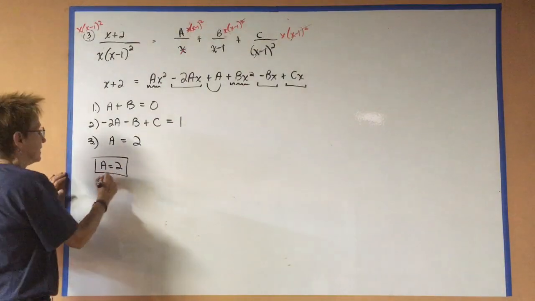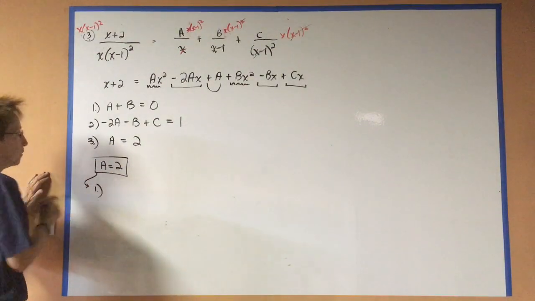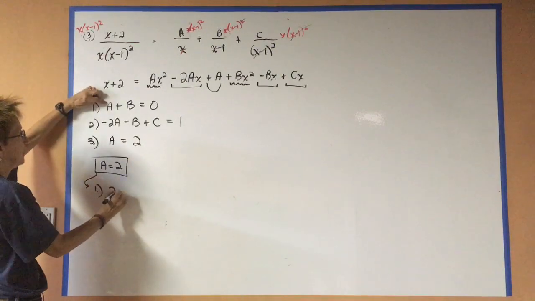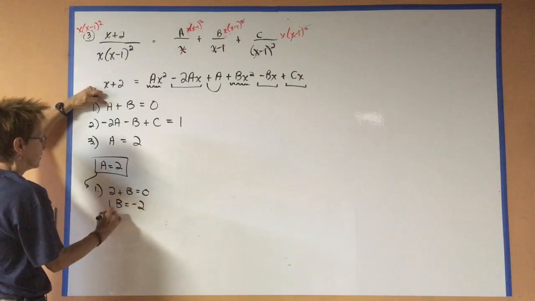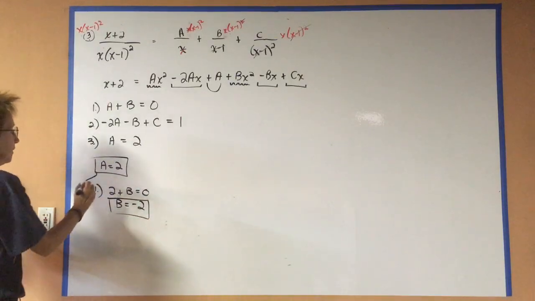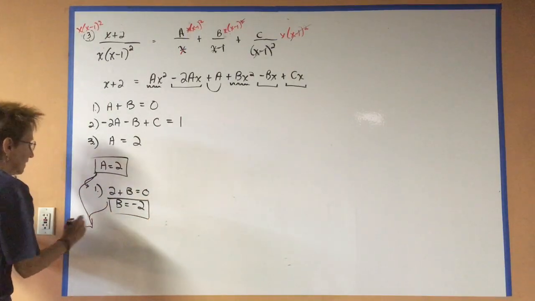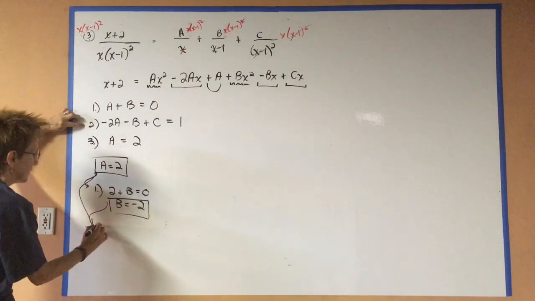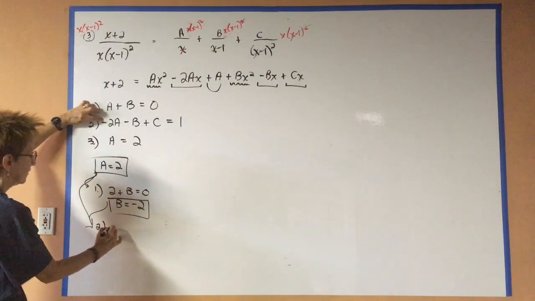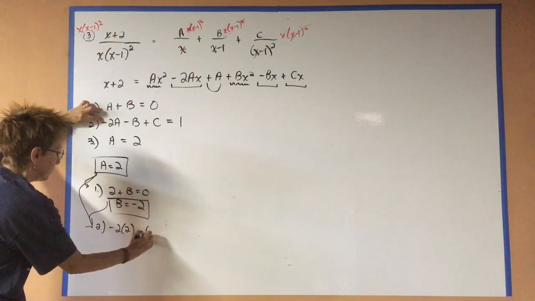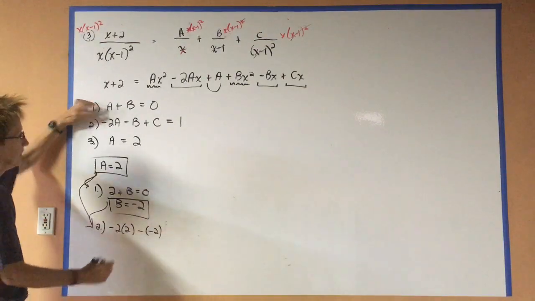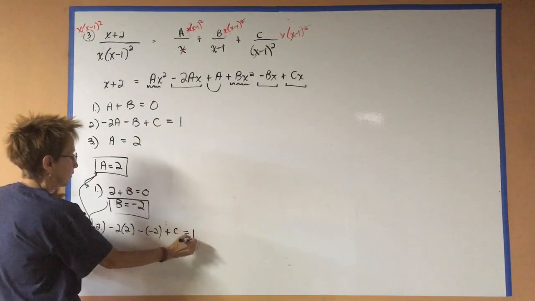I will plug this into equation 1. If a is 2, I have 2 plus b equals 0, so b is negative 2. And then I will plug both of these into equation 2 to get my c value. So negative 2 times a, which is 2, minus b, which is negative 2, plus c has to equal 1.